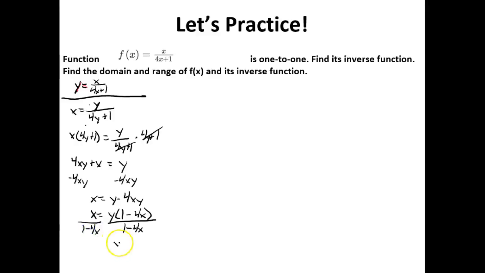So my y is equal to x over 1 minus 4x, but this y is really the inverse. So my inverse function, and how about I write the inverse function in red now that I finally found it. The inverse function is x over 1 minus 4x.